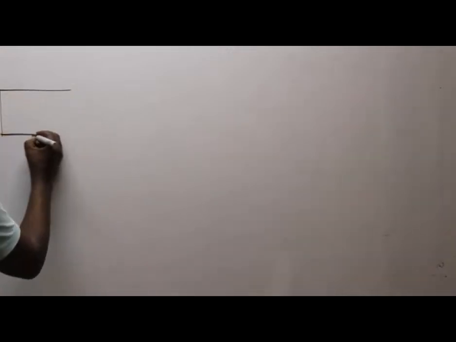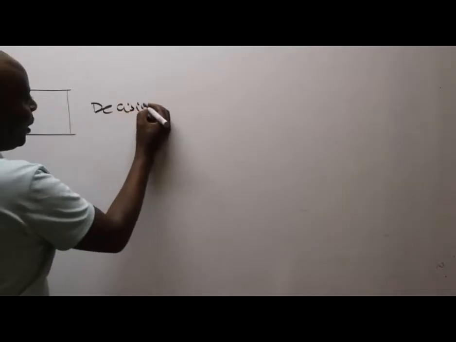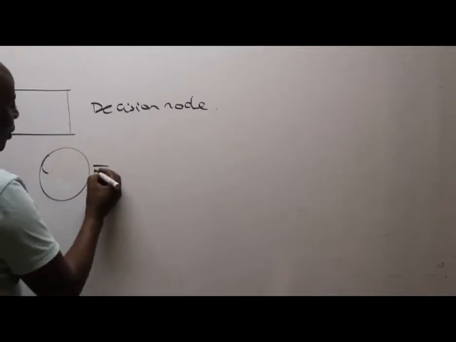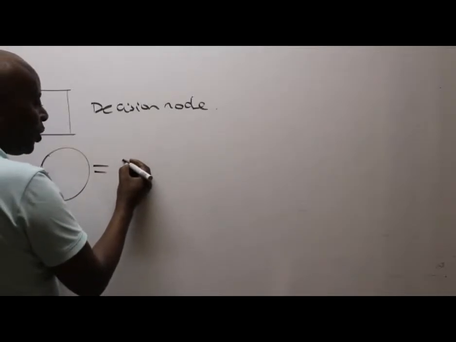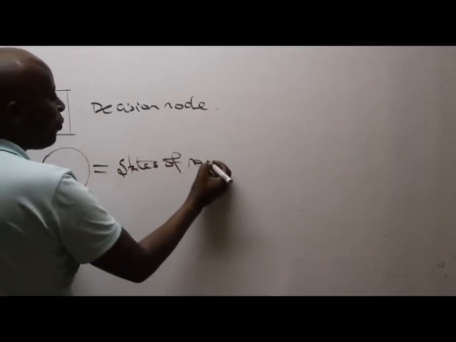Don't forget, ladies and gentlemen, that basically we have got 2 nodes in decision trees. We have a box node, which is what we call a decision node. And then we have a circle node, a chance node, or a states of nature node.